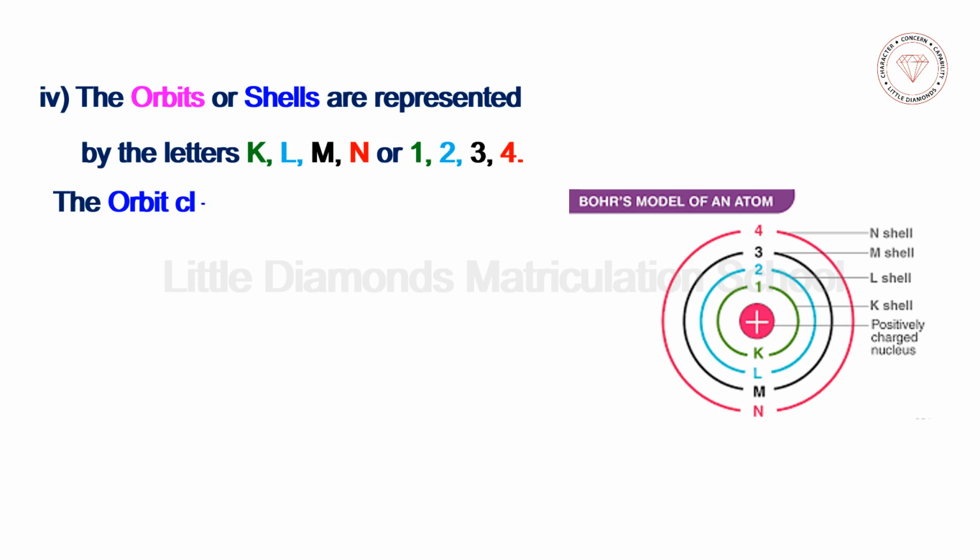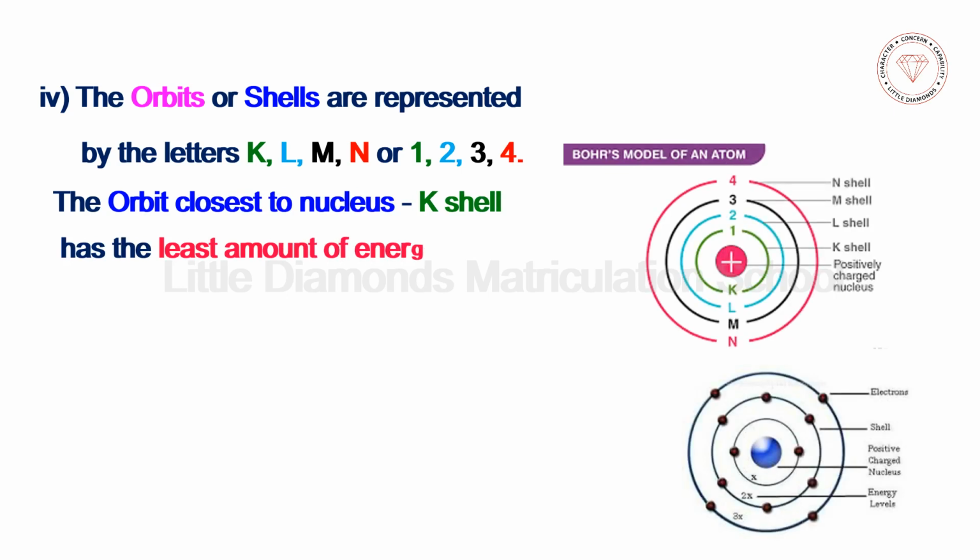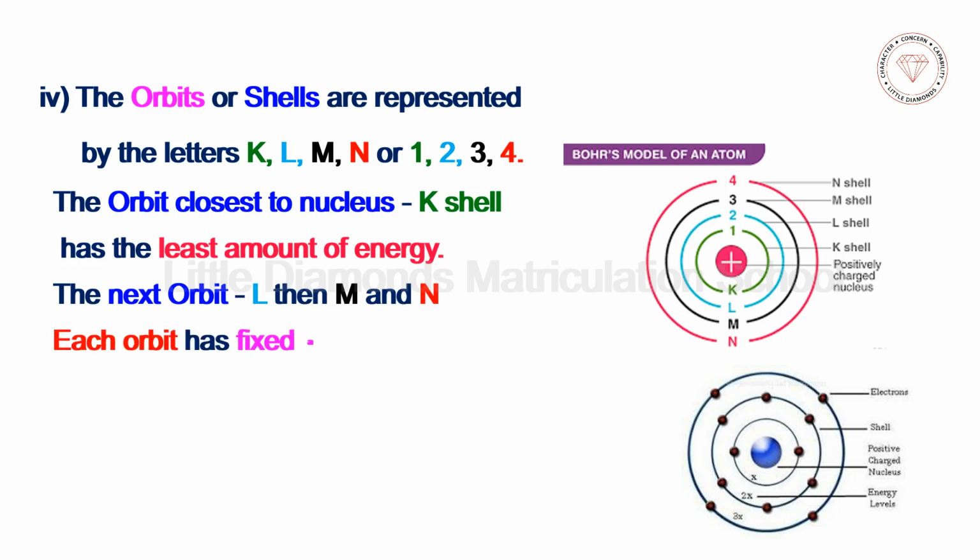The orbit closest to the nucleus is named the K shell and it has the least amount of energy. The next orbit is L, then M and N. Each orbit has a fixed amount of energy, so they are called energy levels.